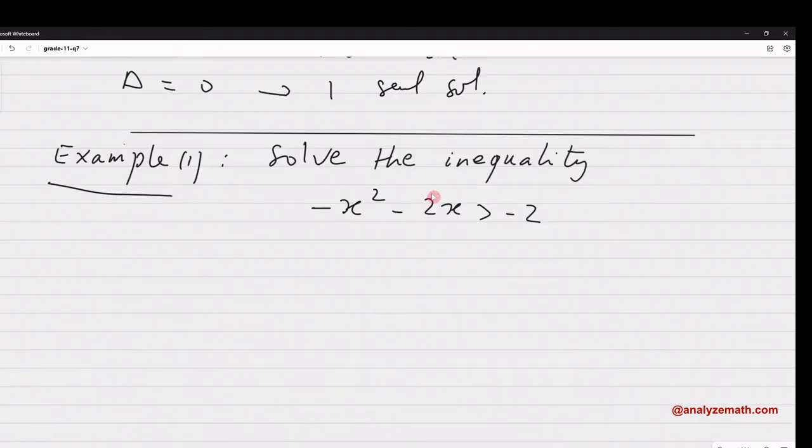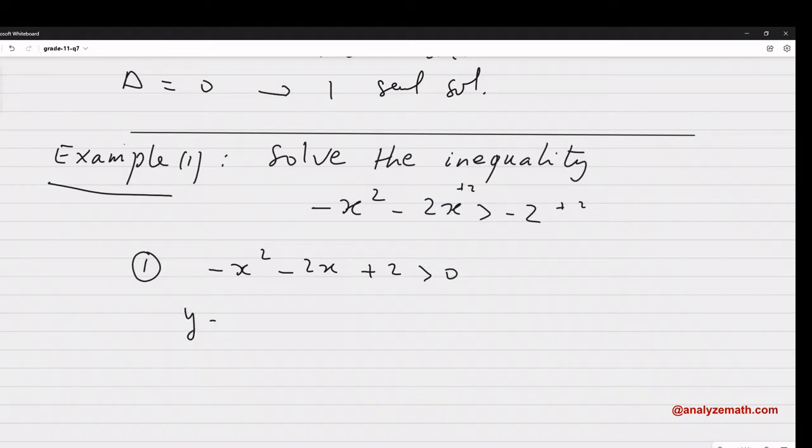So example number 1, we are going to solve this inequality here. Now, step number 1, let's write it in standard form. If we add plus 2 and plus 2 here, that will simplify to this.